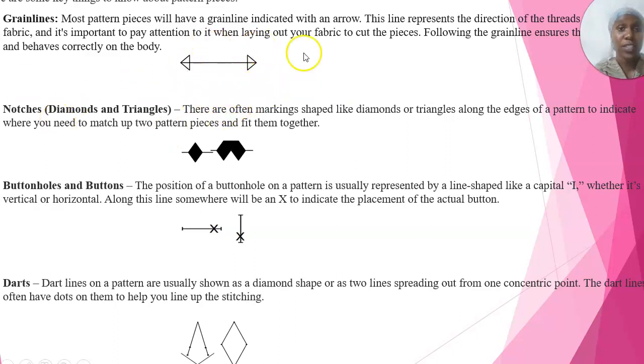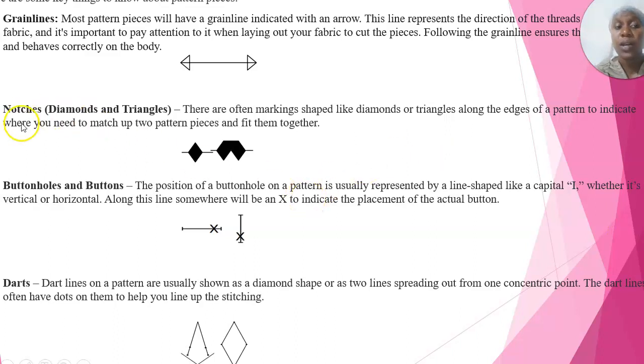The arrow lines represent the direction of the threads in the woven fabric, and it is very important to pay attention to them when laying the fabric to cut out the pattern pieces, because when you follow the grain line, it ensures that the fabric drapes and behaves correctly on the body.